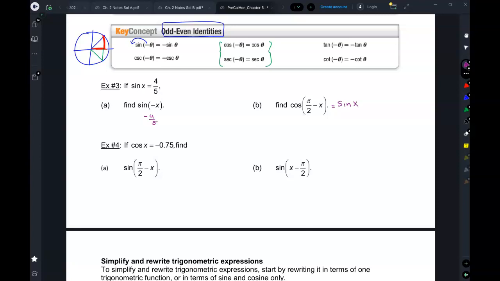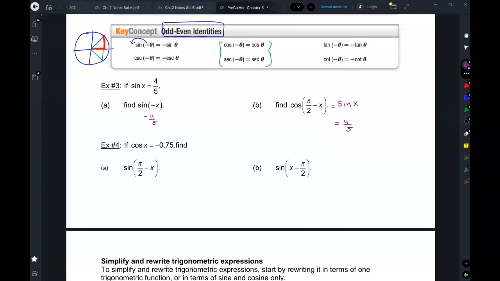Whenever you have cosine of pi over 2 minus an angle, it's the complement, the same as sine of x. Well, what was sine of x? 4 over 5. So this is 4 over 5.